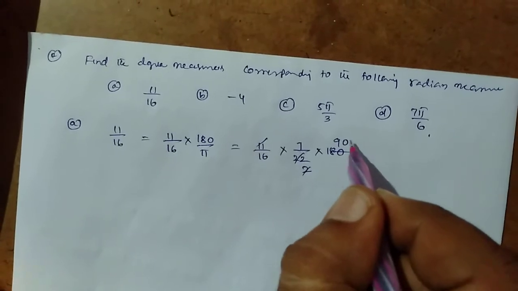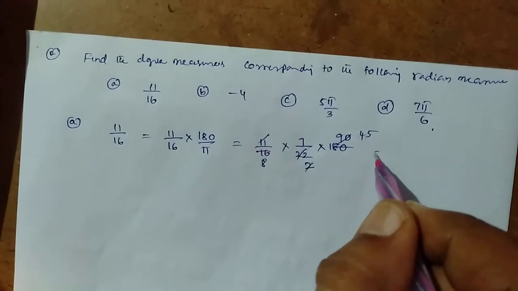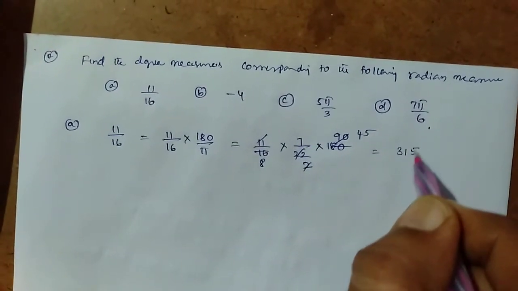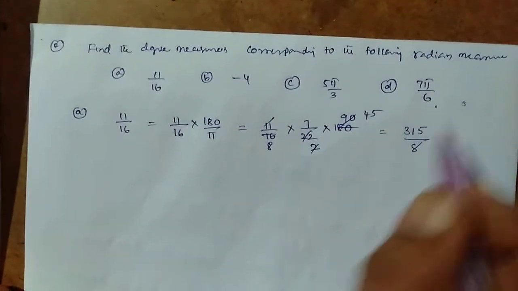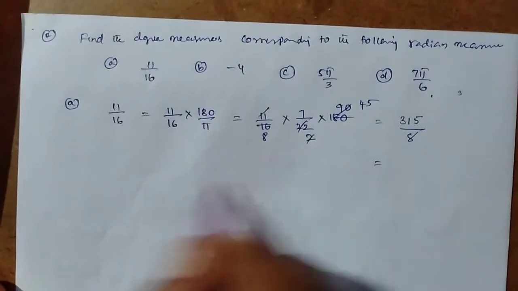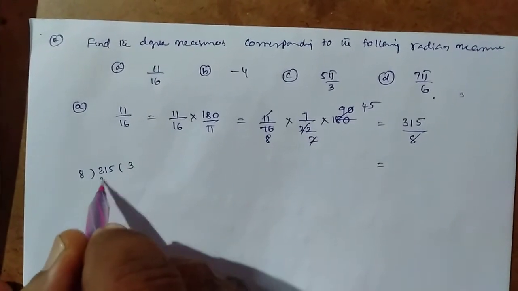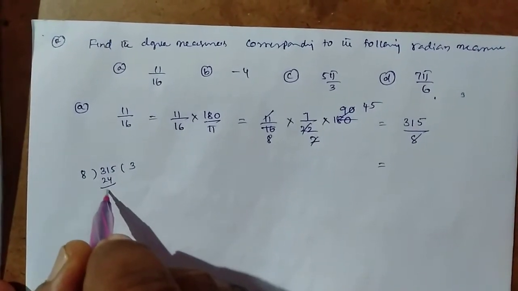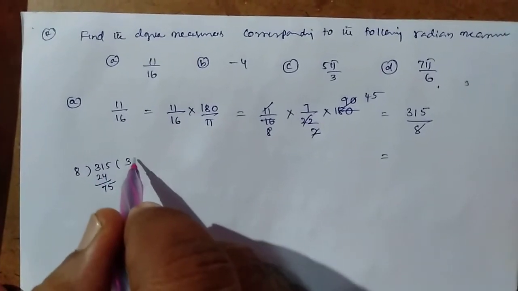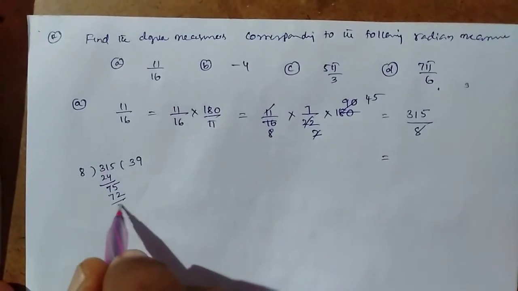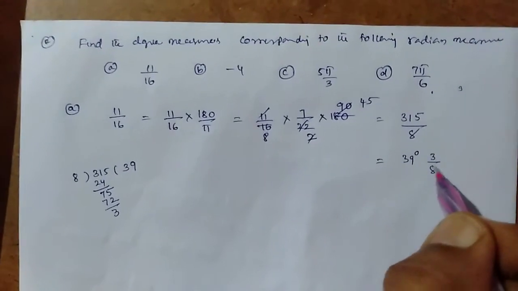So this is 2 45s, 2 8s, that is 315 by 8. 45 sevens are 315, 7 5s are 35, 7 4s are 28. 315 by 8, or I can write it as 315 divided by 8. 8 3s are 24, 8 9s are 72, this is 39 degrees, 3 by 8.